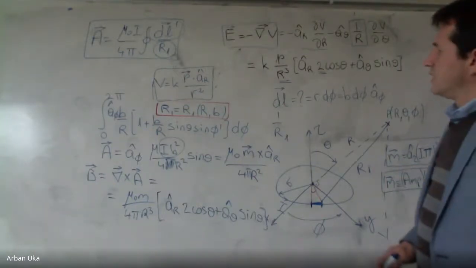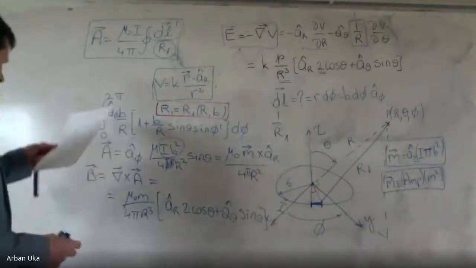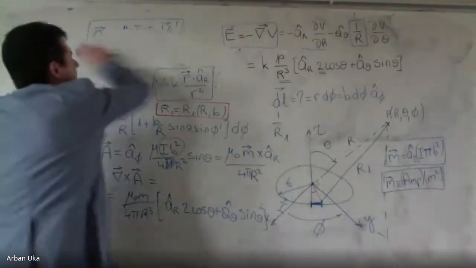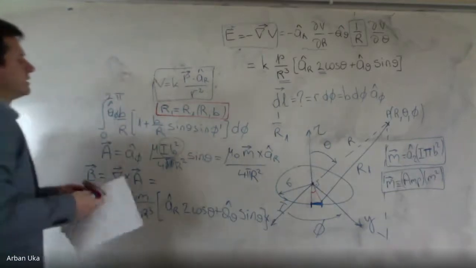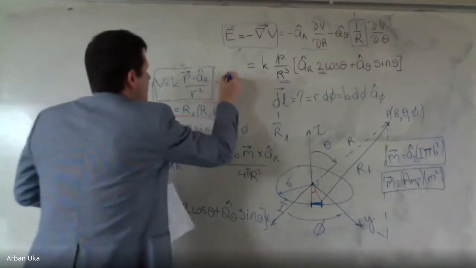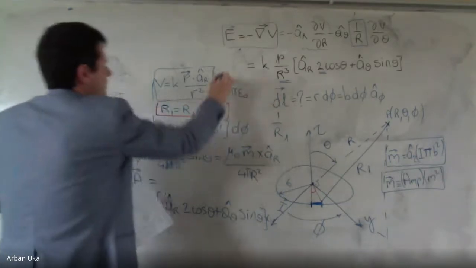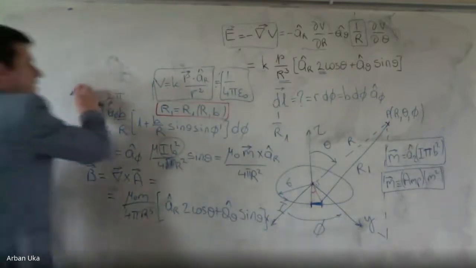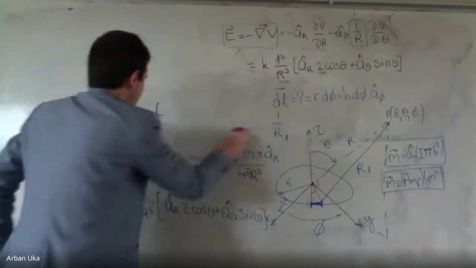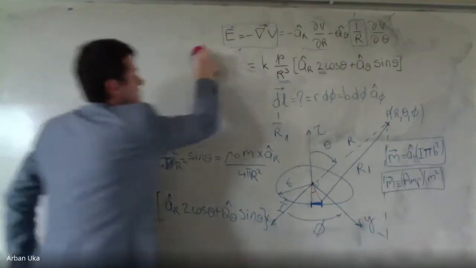Now, what we can do is summarize these terms. I'm going to rewrite this again, but this k is 1 over 4 pi epsilon 0. This constant here. Let's put them in the same formula, including their similarities.